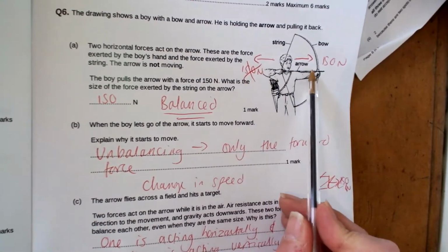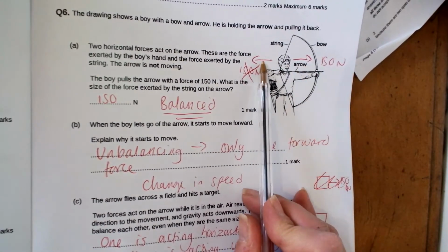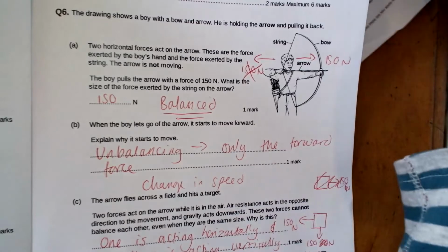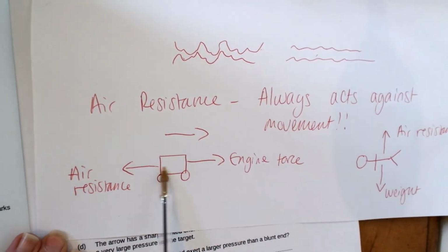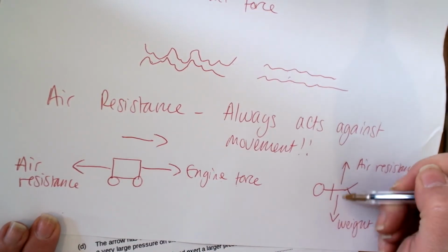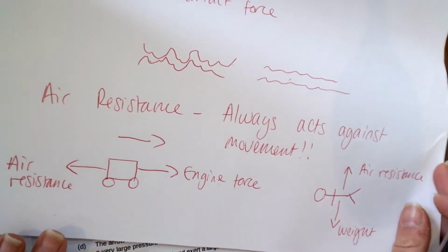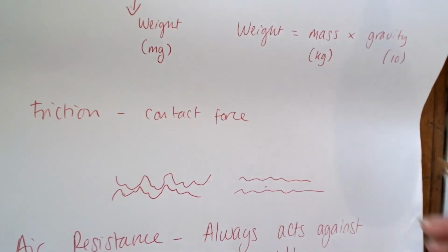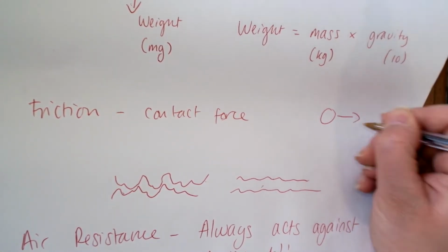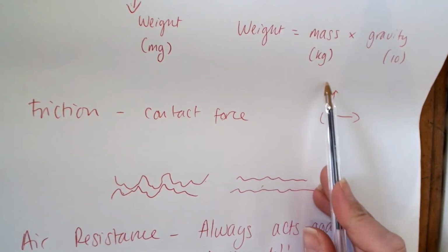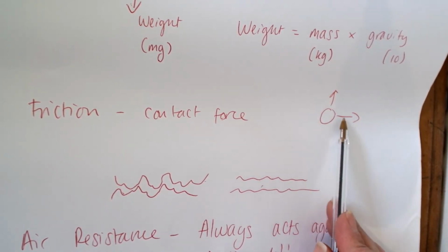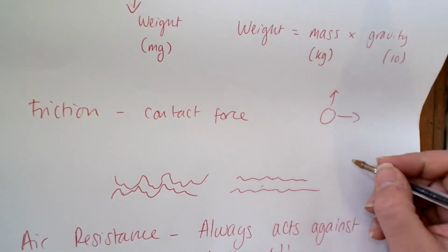same plane. So these, when they were both there, they're balanced because they're both in the horizontal. If we look back over here at these ones, these are balanced because they're both in the horizontal. These are balanced because they're both in the vertical. However, if we have a situation where we've got one going that way and one going that way, then they're not balanced. They can't balance because they're not in the same plane.